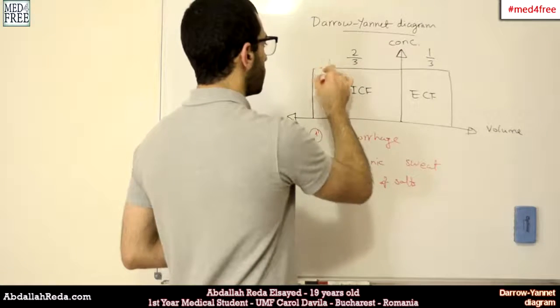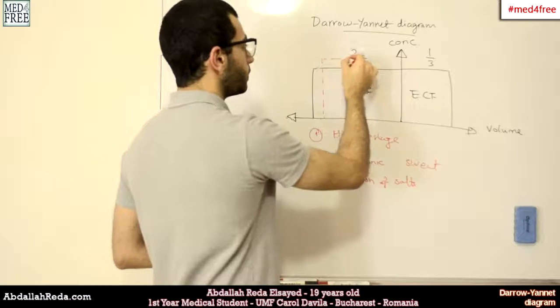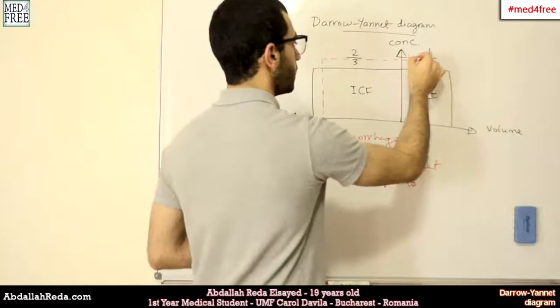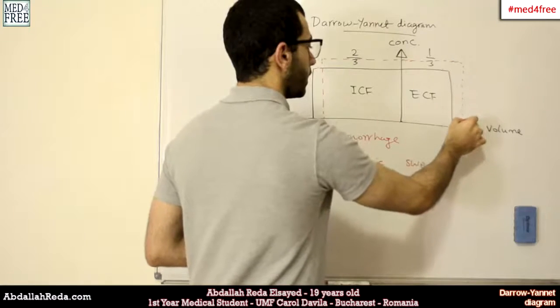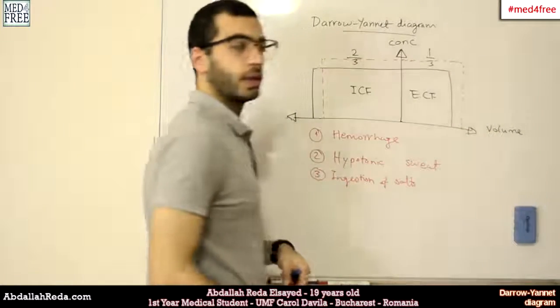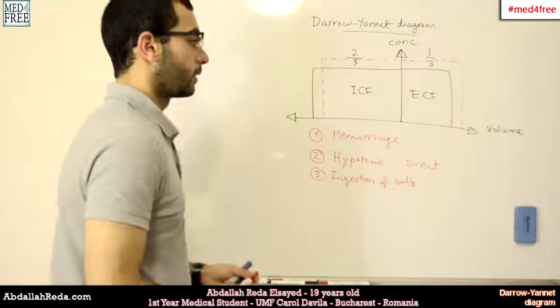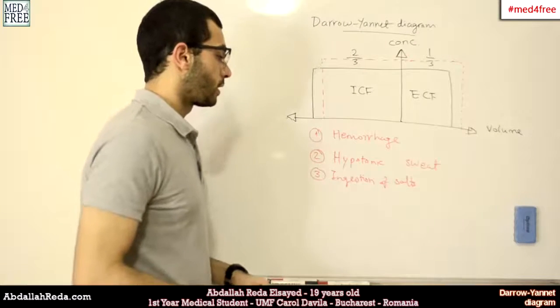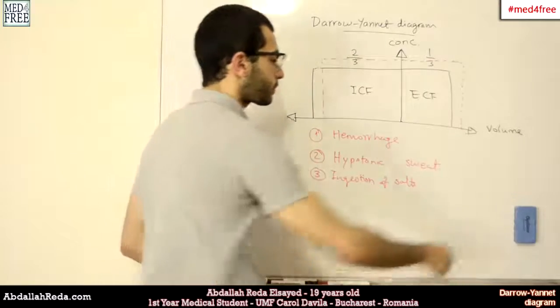So here the fluid goes from this compartment to the other one with a very high concentration of salt, and it will lead to the increase in volume. So this happens in the case of addition of salts.